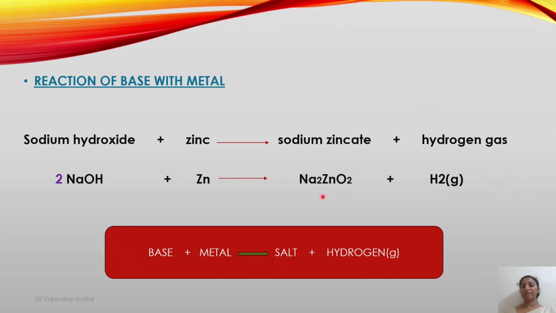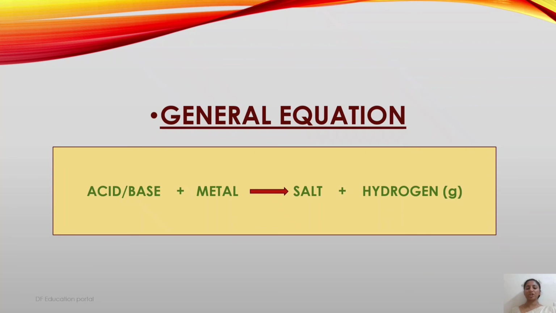So when zinc reacts with sodium hydroxide, we get sodium zincate as the salt along with the evolution of hydrogen gas. In general form, on reaction of metal with base, we get salt and hydrogen.